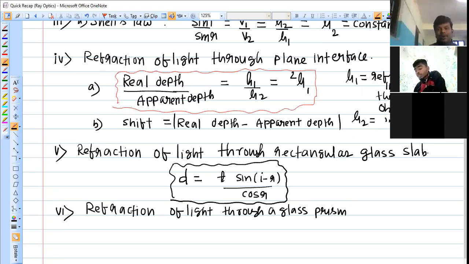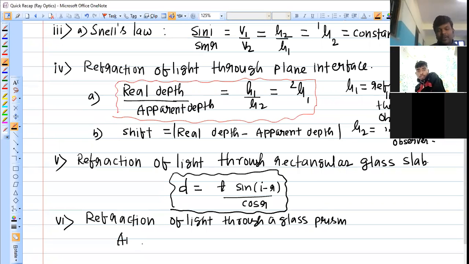We have seen these formulas basically. First we have seen the angle of deviation, delta. Light will deviate from its actual path when light travels from one optical medium to another optical medium. So first we have calculated the angle of deviation, delta.